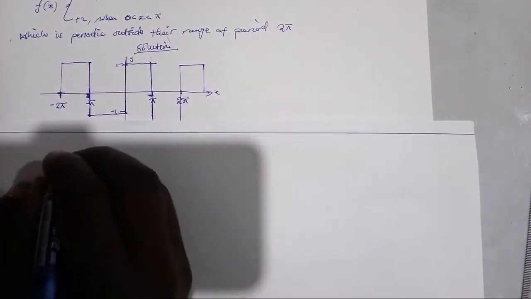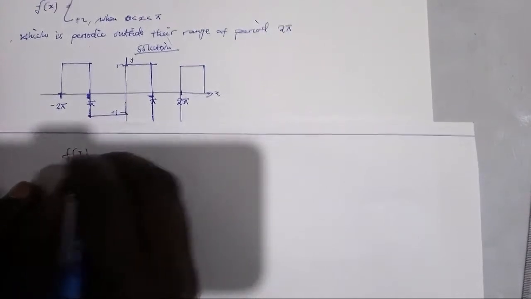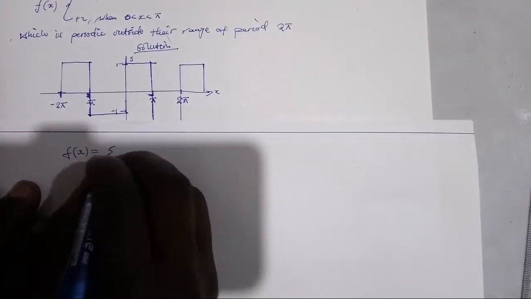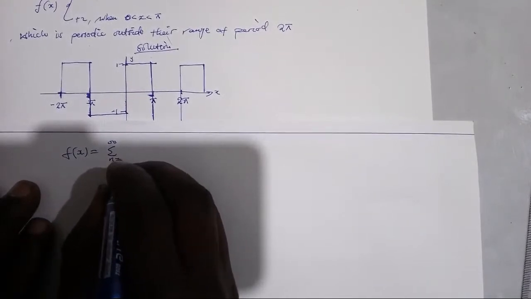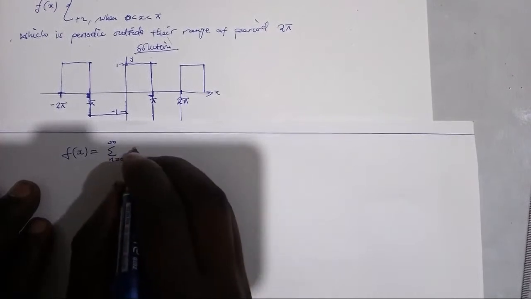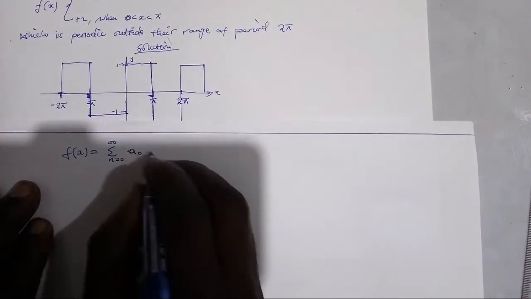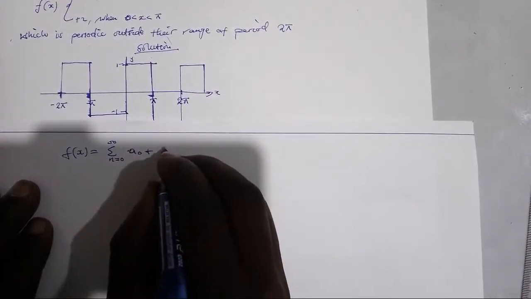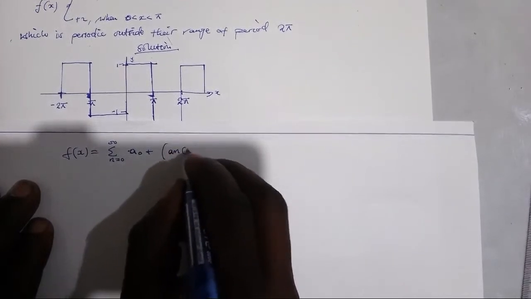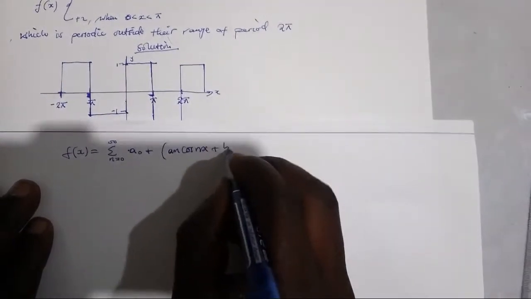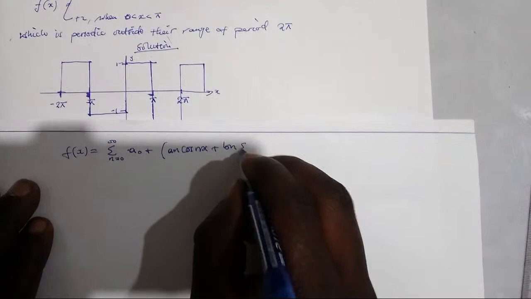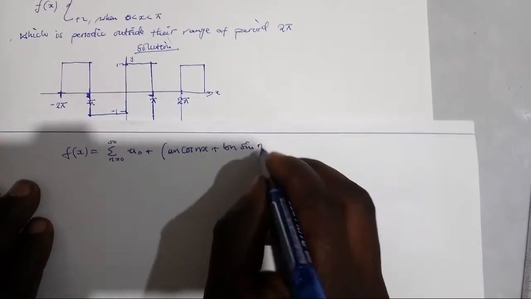The procedure: we all know that the formula is f of x equals a sub 0 plus the sum from n equals 1 to infinity of open bracket a n cos nx plus b n sin nx.